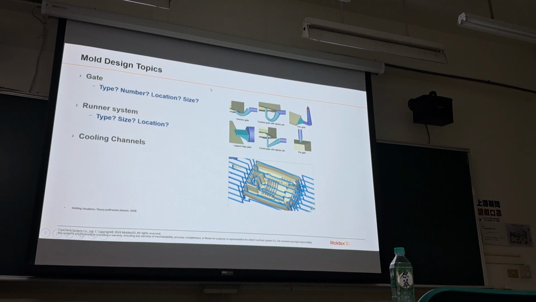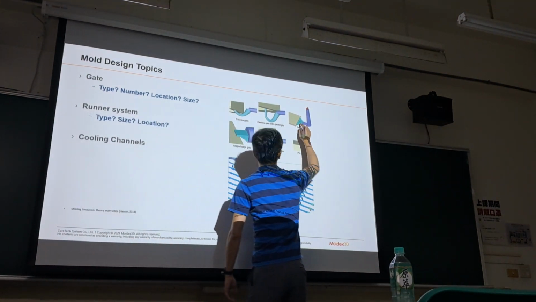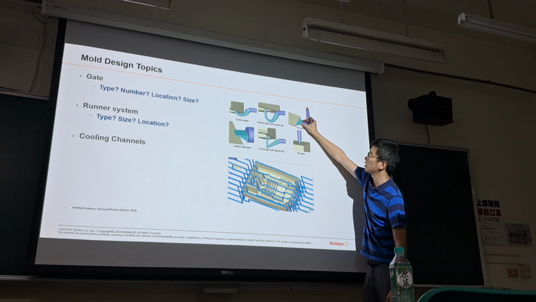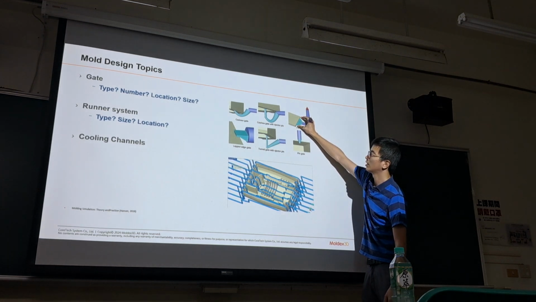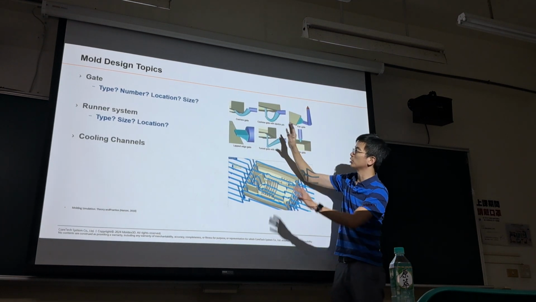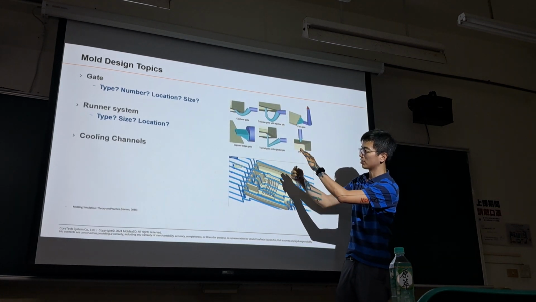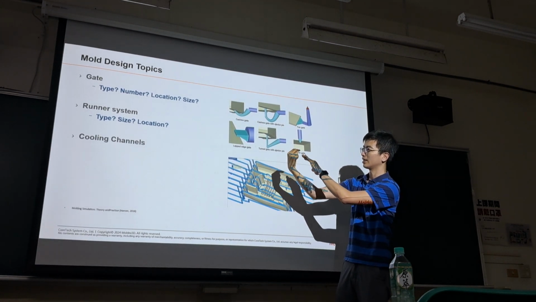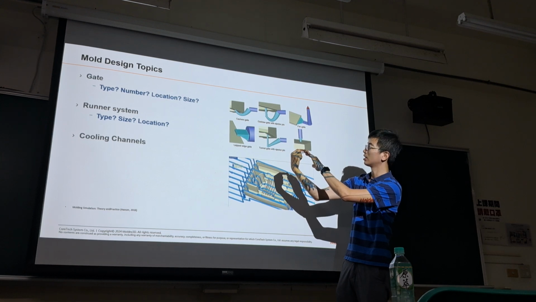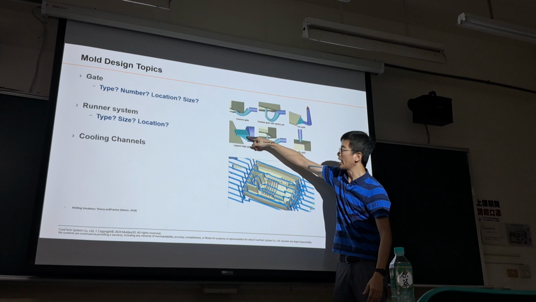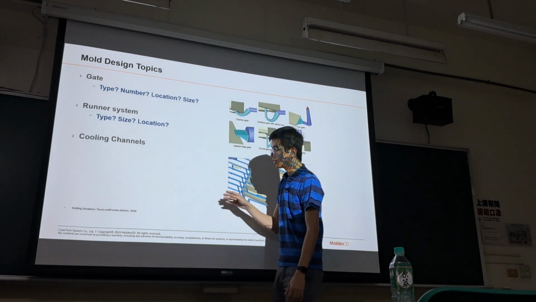And for the mold design, we can have several gate designs. You can have a flame gate in order to help the melt distribute uniformly. And sometimes you may want to keep the surface very good, so you would like to design a gate through the inner part, not the outer part. So you can have several kinds of design.